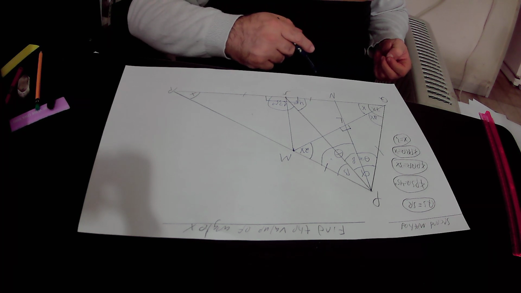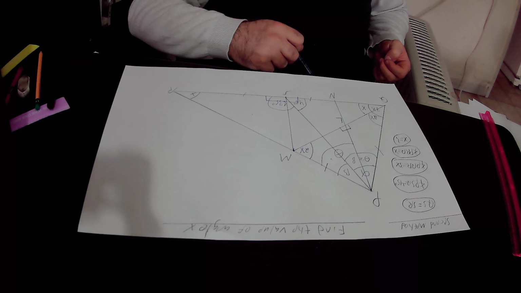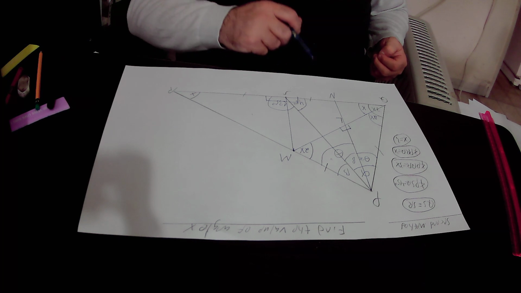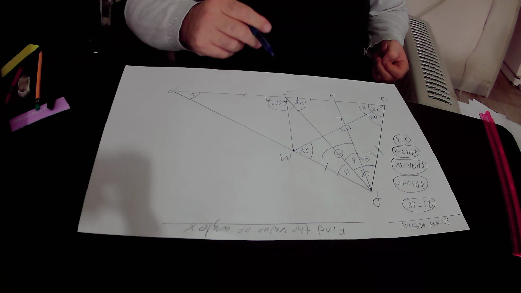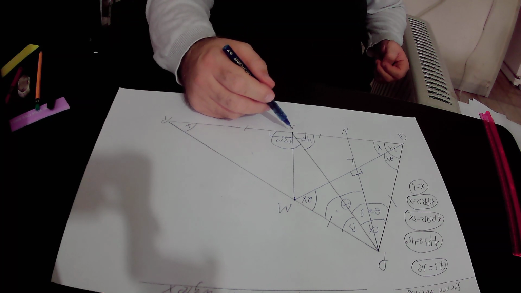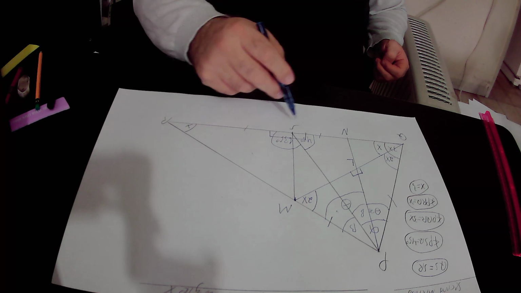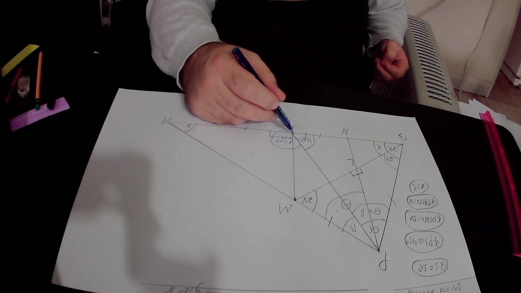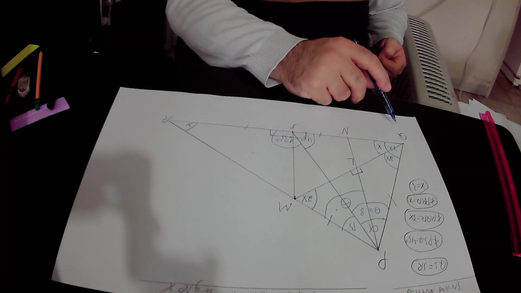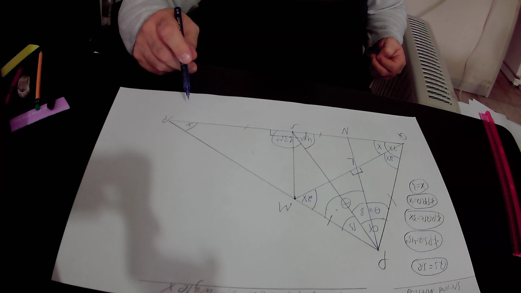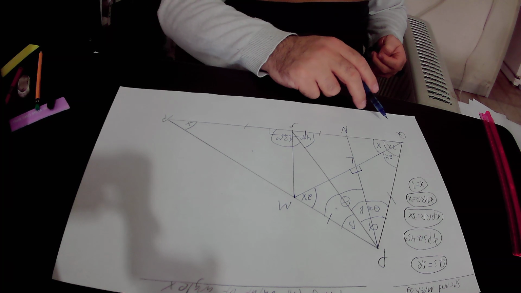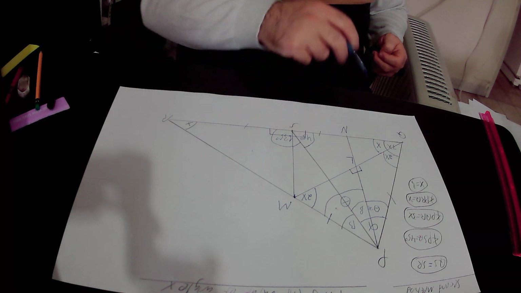Okay? So in the next step, we just found out that angle MSQ is a right angle, because the median MS is perpendicular to the base QR of the isosceles triangle MQR.